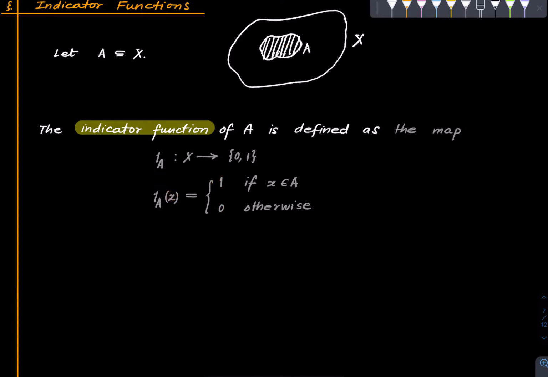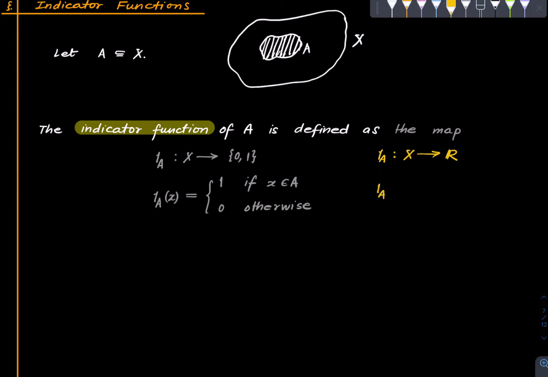Basically it is encoding the same information as the set A. It's just a different way of looking at the set A. One could also define the indicator function as going from X to that, and it's the same definition.